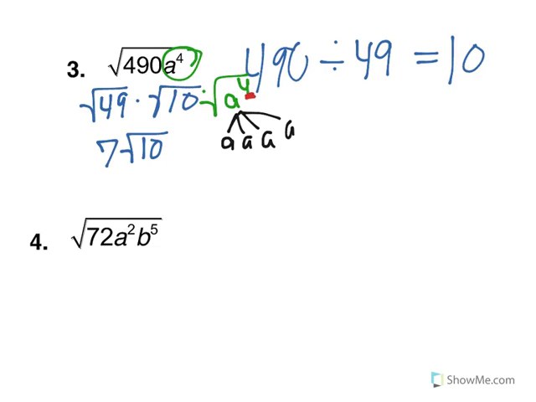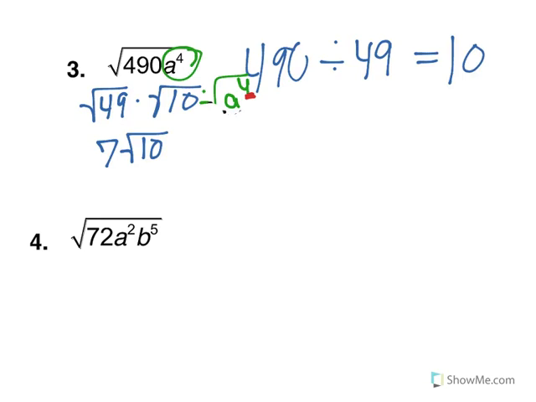When I'm taking the square root of something, I only get to take 1 from each pair, okay? So each of these pairs, I would put 1A out in the front. Okay, or like I said, if it's an even exponent, I just divide it by 2, and that's how many I get to take out. So 4 divided by 2 gives me 2.